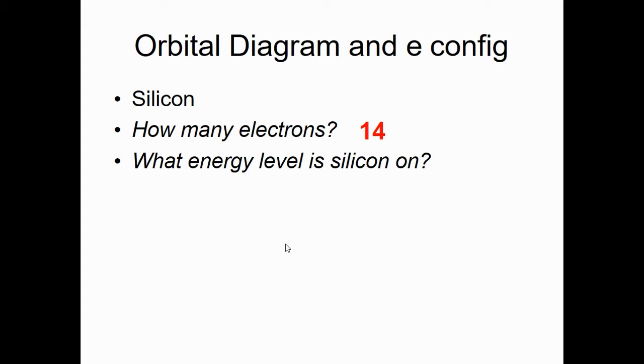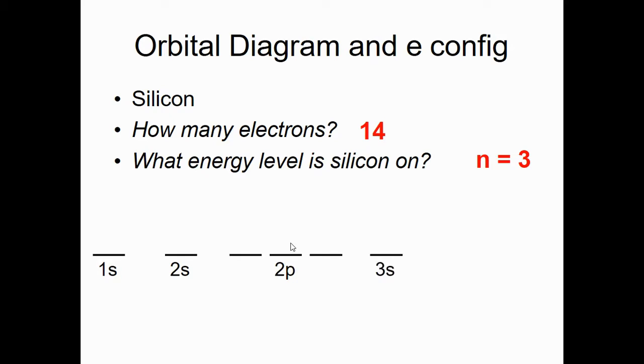If you look at silicon, it is in the p area, and it's in the third energy level. So the very last thing you should have for your electron configuration or your orbital diagram is a 3p. Just keep that in mind when you're doing these problems.